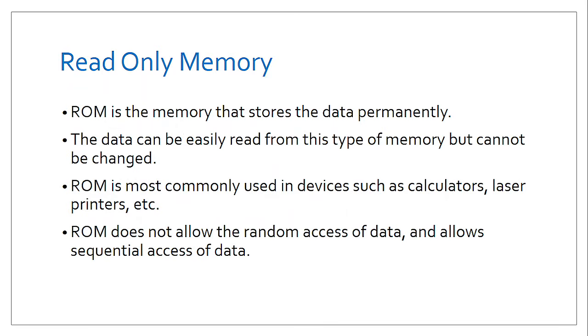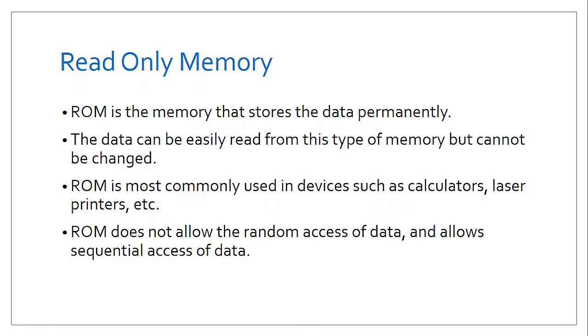The other category of memory is what we refer to as read-only memory. Read-only memory is non-volatile, in that even if you switch off your computer, you still retain your data. Normally they say that it stores data permanently.